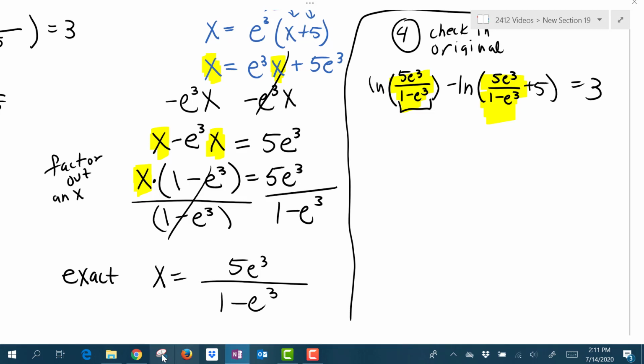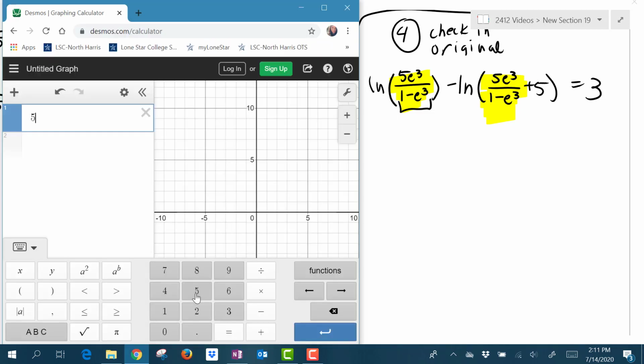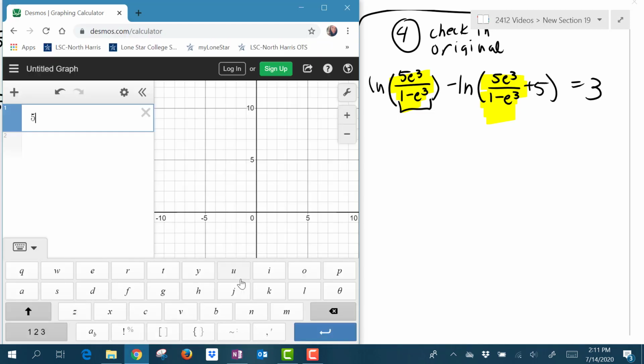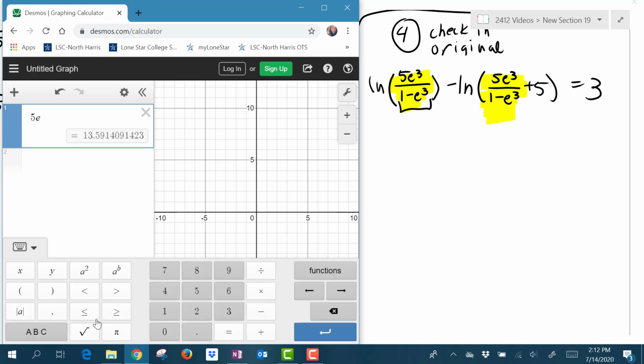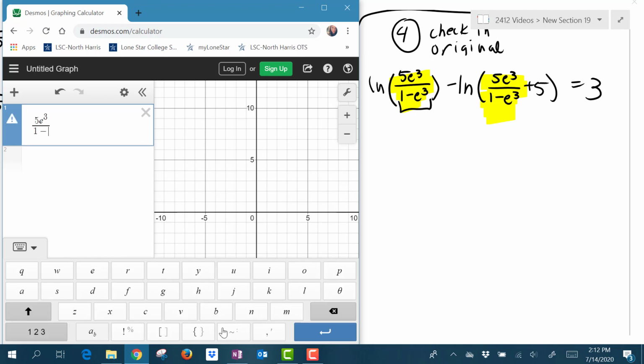So let's go to Desmos. We'll type in 5, and then e to the power of 3. I'm going to highlight all of that, make sure that stays at the top of the fraction, hit divided by, then do 1 minus e to the power of 3.